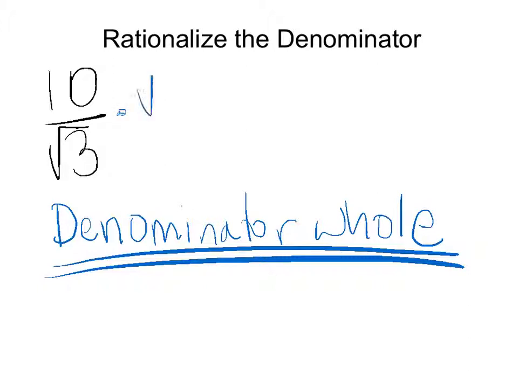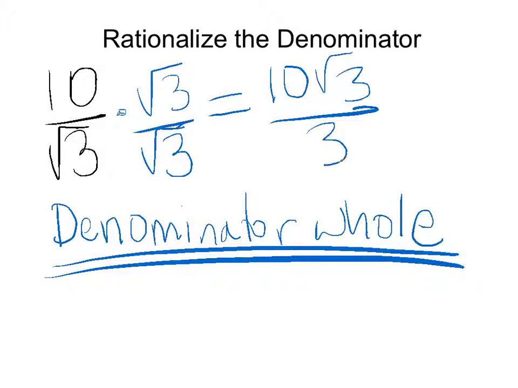So you multiply by radical 3 divided by radical 3, which gives a 1. It's not going to change the value, but it's going to change what the fraction looks like. It changes the denominator into a whole number, and this now is rational.